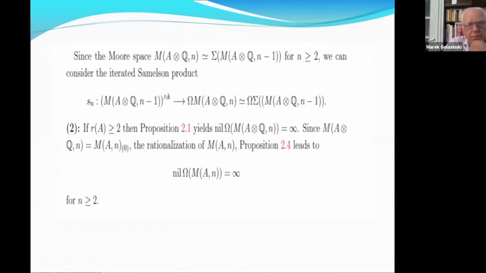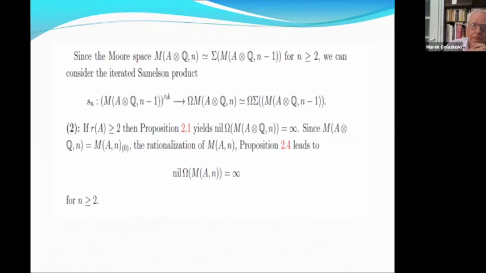But the Moore space, if n is greater than or equal to 2, is a suspension. Then again, we can apply this construction using this Samuelson product. So we have a map from the smash power of the Moore space of type A tensor Q, n minus 1, to the loop space on the suspension. So now suppose that the rank of A is greater than or equal to 2.